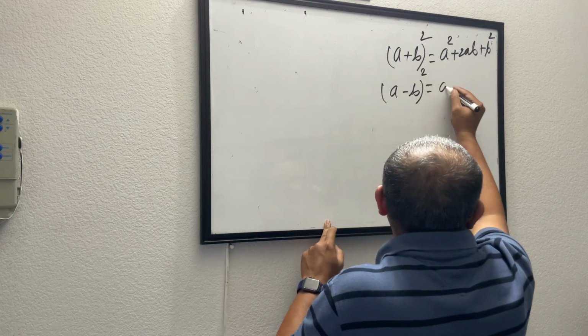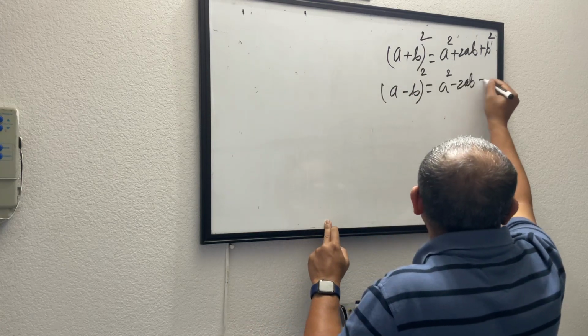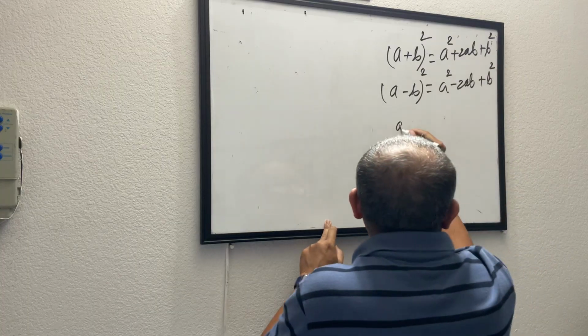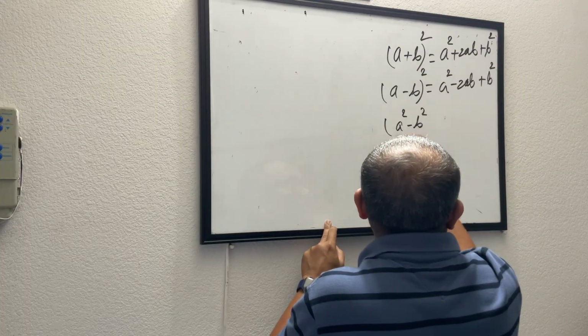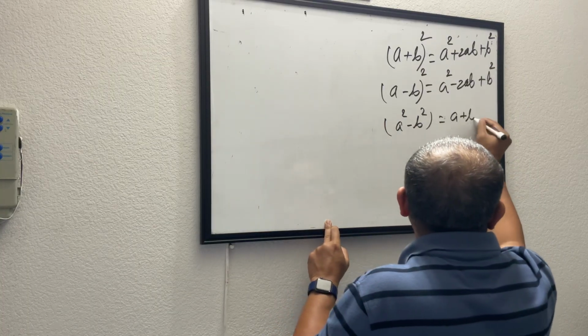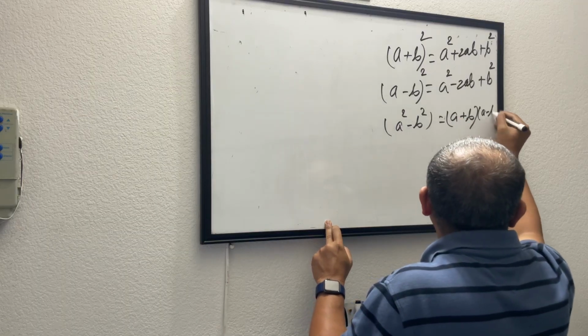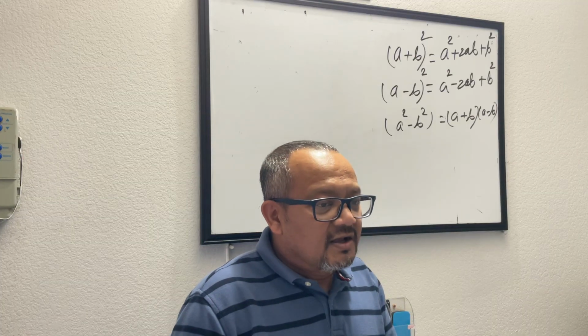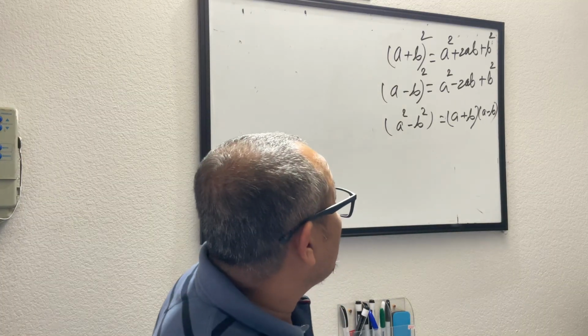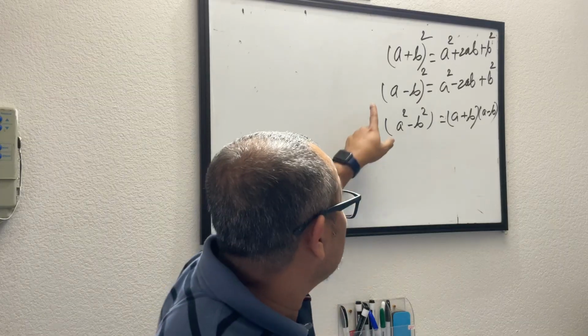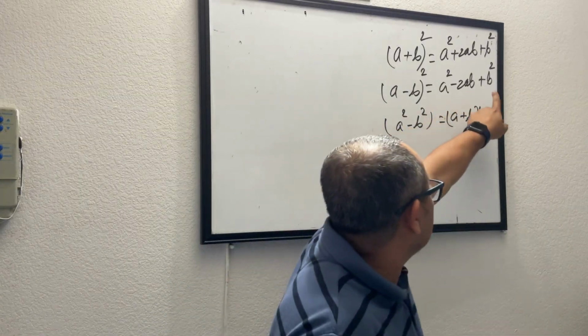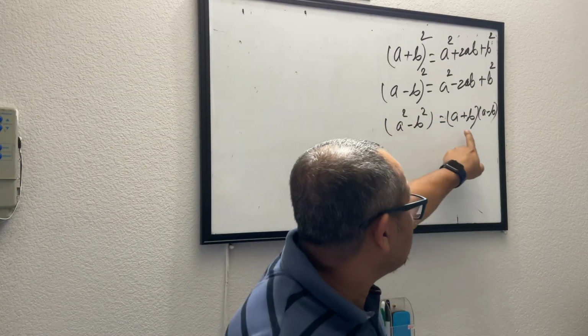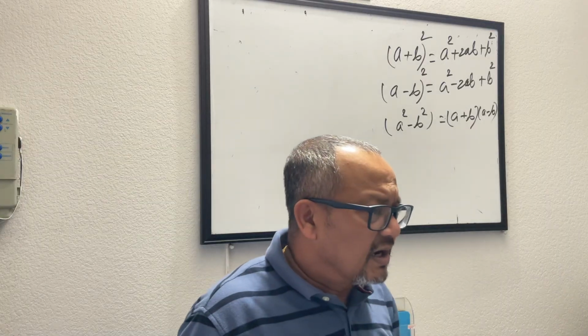I'm not going to prove it again, but we will come back to it if anybody has any doubt. Okay. So these are three standard formulas: a plus b whole square equals a square plus 2ab plus b square, a minus b whole square equals a square minus 2ab plus b square, a square minus b square equals a plus b times a minus b.